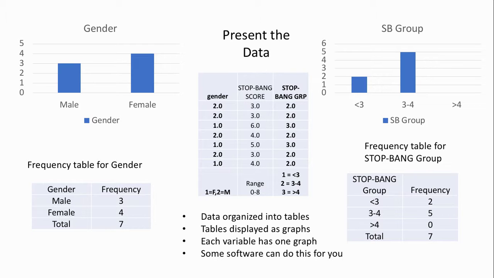So there we ended up taking our frequency tables and converting them into graphs. And you can see that each variable that we collected here had a graph associated with it. Many software packages like SPSS will automatically do this for you. So it's really nice when you're going through and looking at your data.